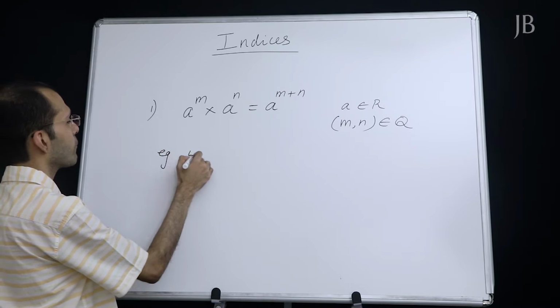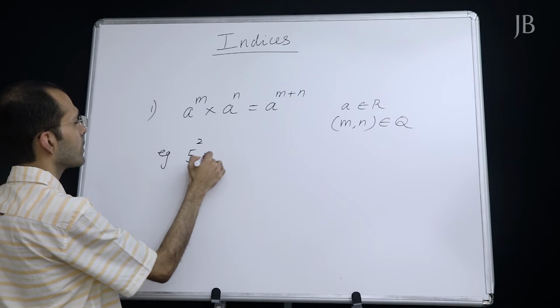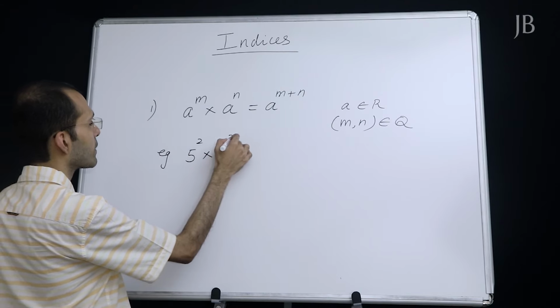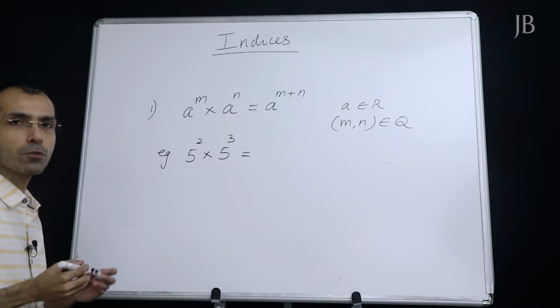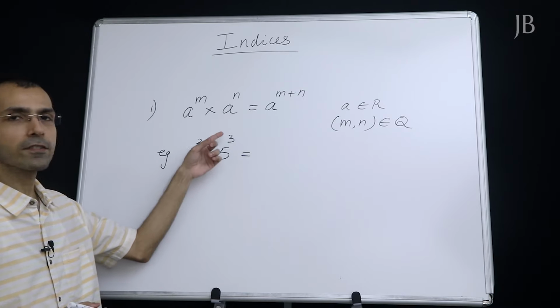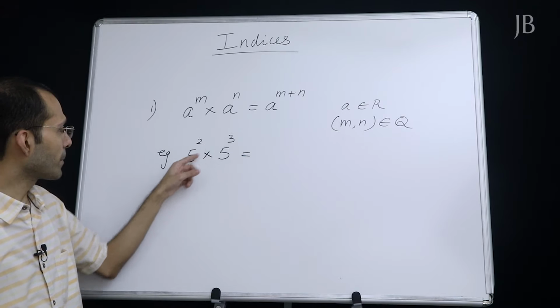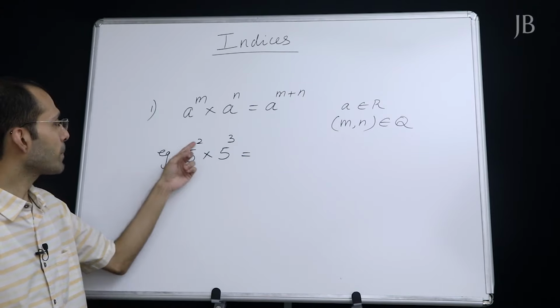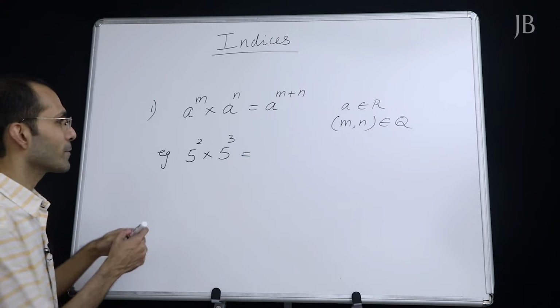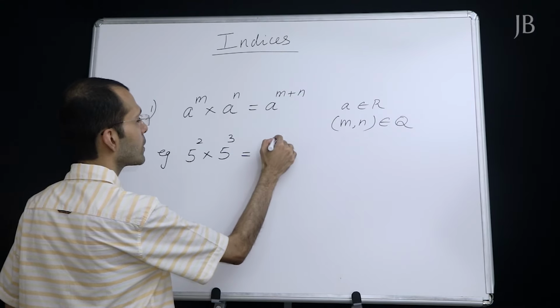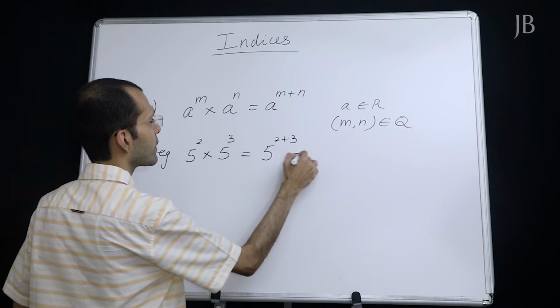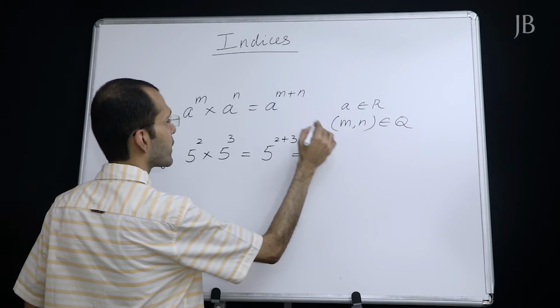Example, 5 raised to 2 into 5 raised to 3. The bases are same here, joined by a multiplication sign, so the powers can be added. So this will be 5 raised to 2 plus 3, that is 5 raised to 5.